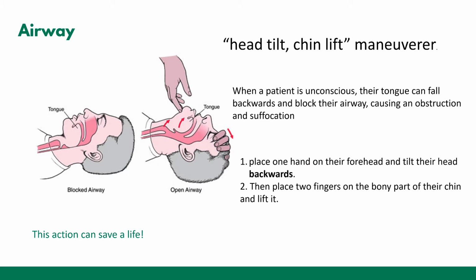It's not safe to do so. So this is where you have to perform the head tilt, chin lift manoeuvre, which involves placing one hand on their forehead and tilting their head backwards, then placing 2 fingers on the bony part of their chin and lifting it up. You can see this on the diagram on the slide.